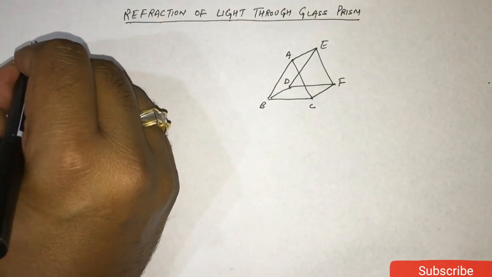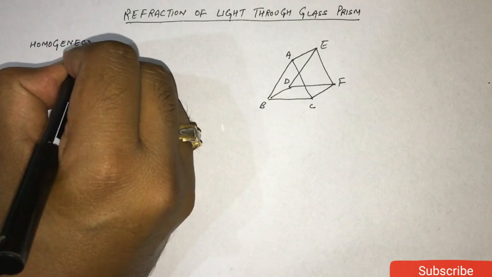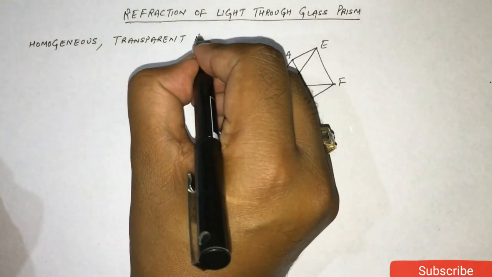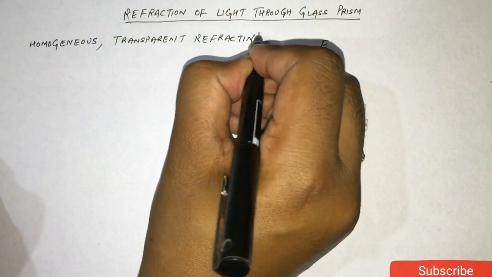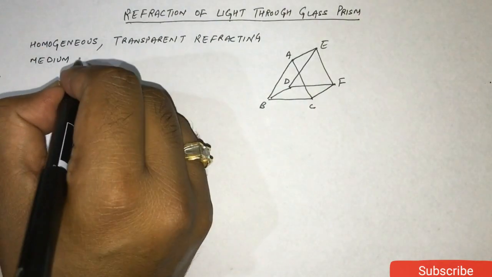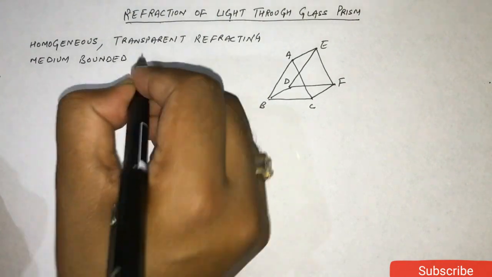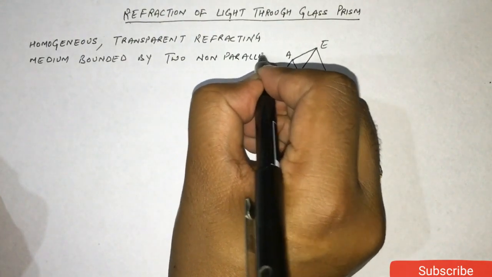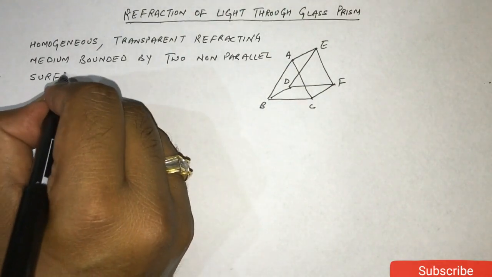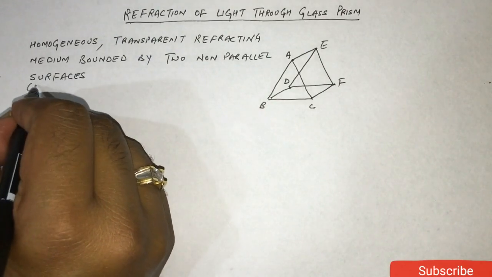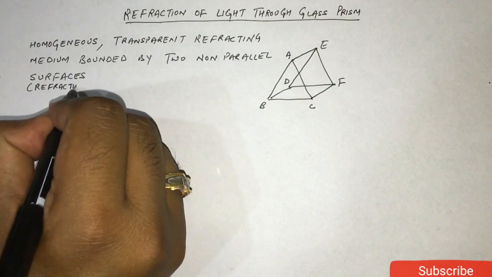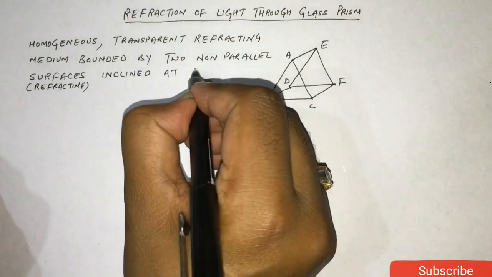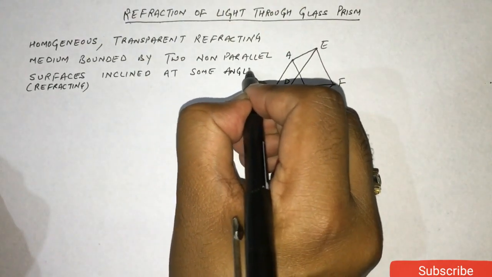Prism is a homogeneous transparent refracting medium bounded by two non-parallel surfaces, or you can say non-parallel refracting surfaces inclined at some angle.